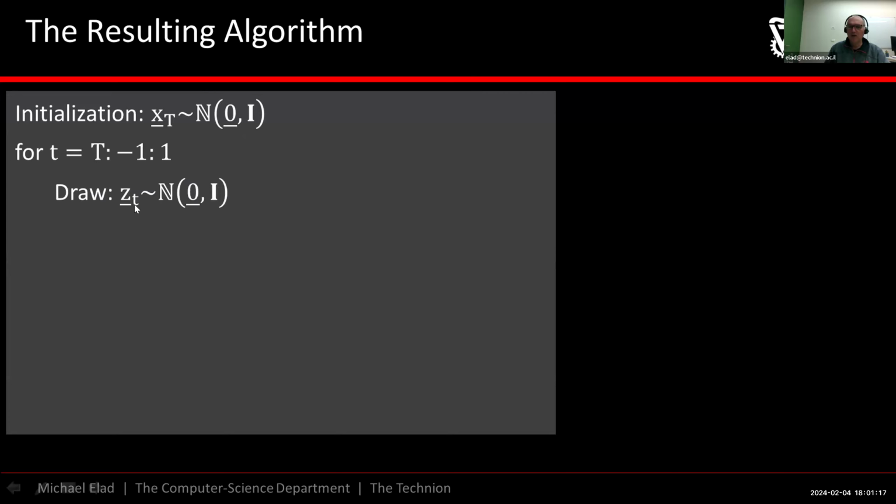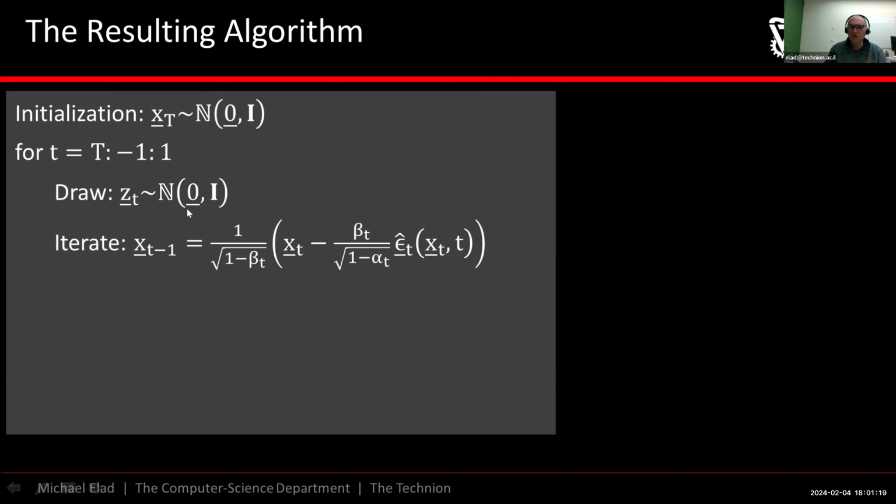You draw at random a Gaussian vector, and here is what you do with it. You move from xt to xt minus 1 with this formula where you apply your denoiser, and you add this noise multiplied by this constant, which we are familiar with. This is exactly the sigma t. Okay? And close the loop, and your x0 is your sampled signal. That's it.